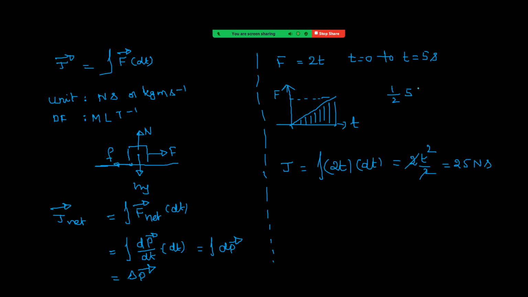Height is now 10, which gives 25. Okay. So like this, the area under the force time graph with the time axis gives impulse of that force. Or if we calculate impulse of net force, that will be equal to change in momentum of that particle. Okay. So like this, we can calculate the impulse.